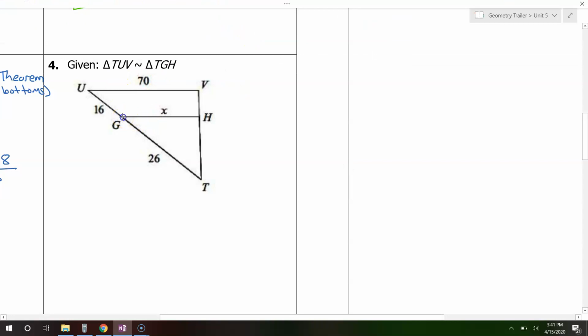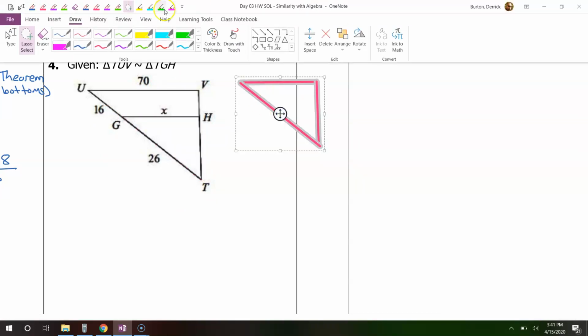Okay, so let's start with the small triangle. And then now let's do the big triangle.